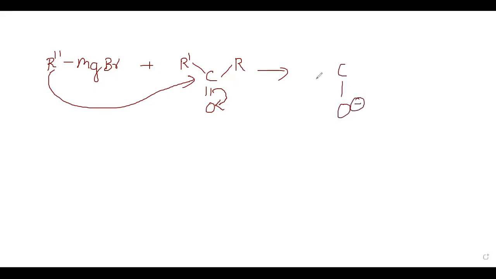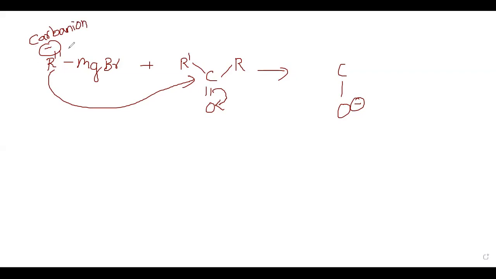The attacking group was a negative one, that means R double dash was becoming a negatively charged one. That means carbanion is formed here.